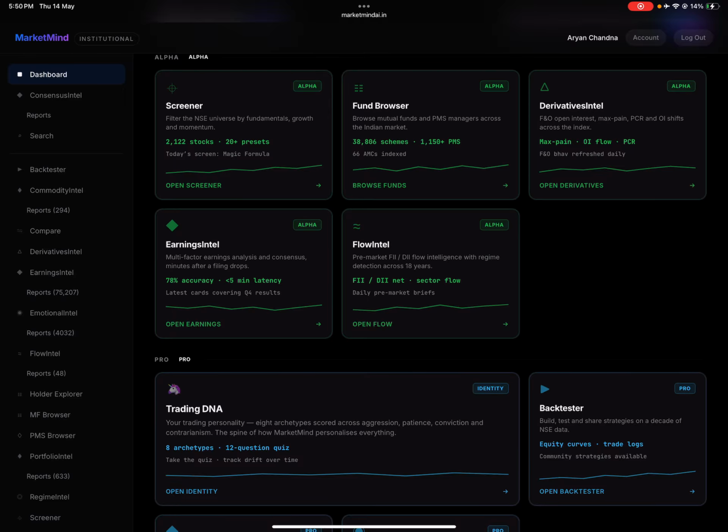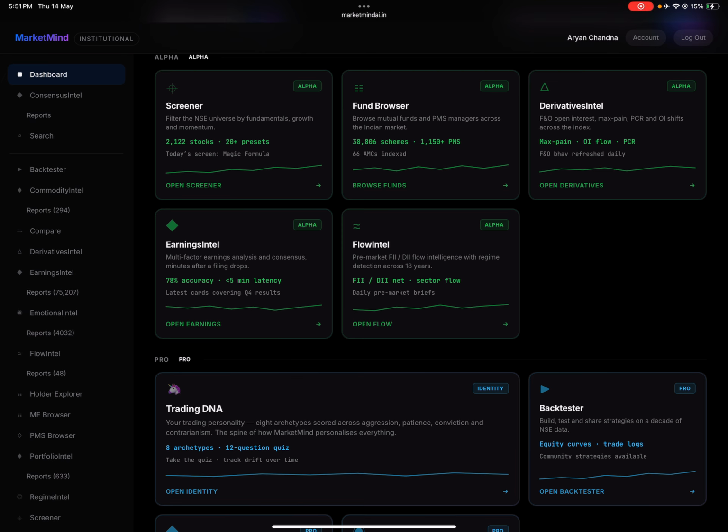Now we've done a similar pattern of backtesting and finding niche edges within each and every one of these intels, including the next ones, earnings and flow intels. Now the earnings intel, of course, takes into account the latest earnings and the fundamental position of the company, and flow is the day-to-day FII, DII, and FPI, and pro and retail investor flows, trying to see through options, futures, and cash market how everyone has positioned themselves in the recent days.